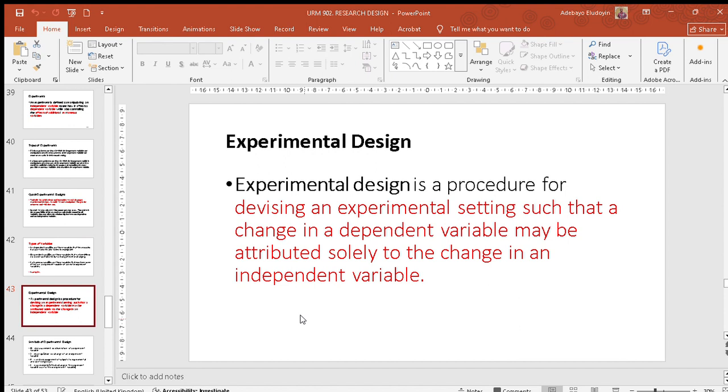If you have 1 and you have 0, one can be male, 0 can be female, or maybe 1 becomes male and then 2 becomes female. That does not necessarily mean that 2 is actually for male or for female. It's just a kind of coding.